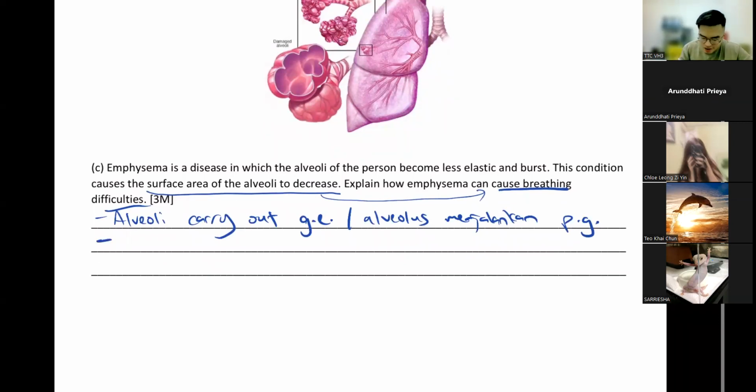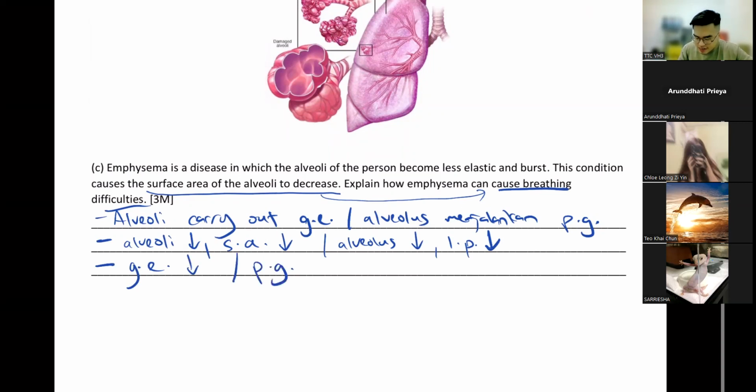When your alveoli decrease, your surface area decrease. Okay, your alveolus menurun, luas permukaan menurun. And then so what? When you have less surface area, what happens? You have less, okay, your gaseous exchange decrease. Pertukaran gas menurun.